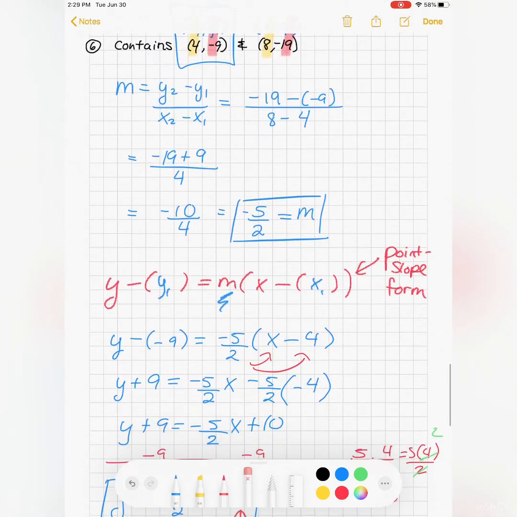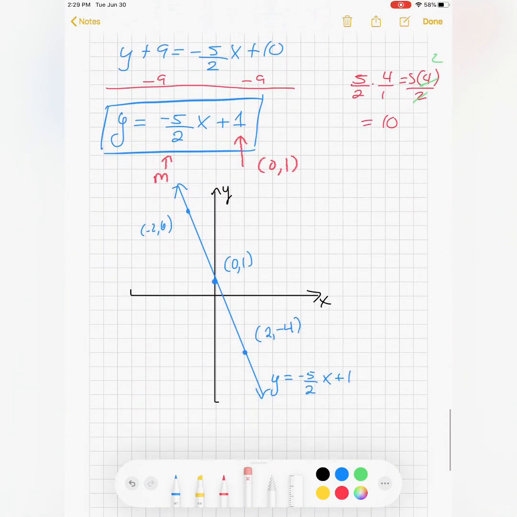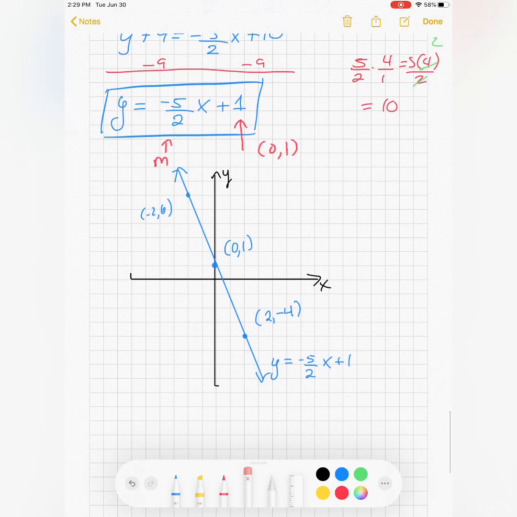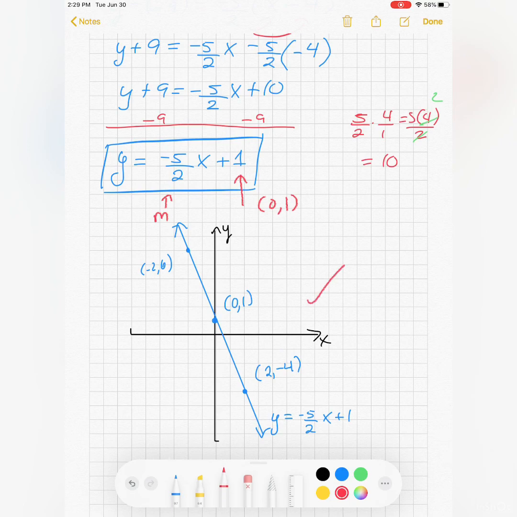See what I was given. I think the points I was given are pretty big. 4, negative 9, 8, negative 19. So I think we won't worry about checking this time. Looks good.